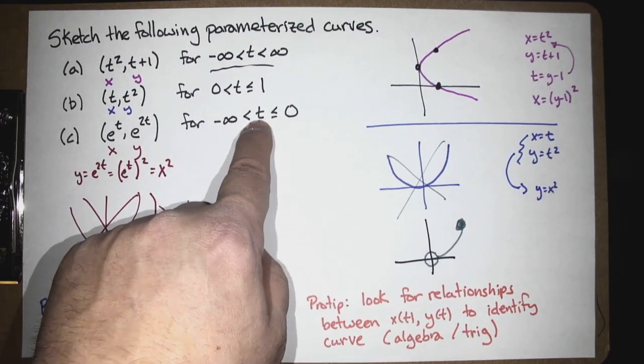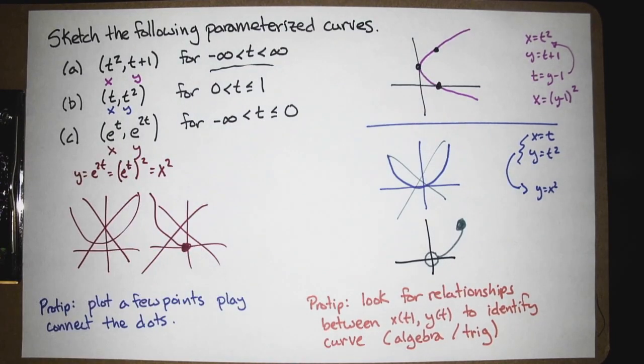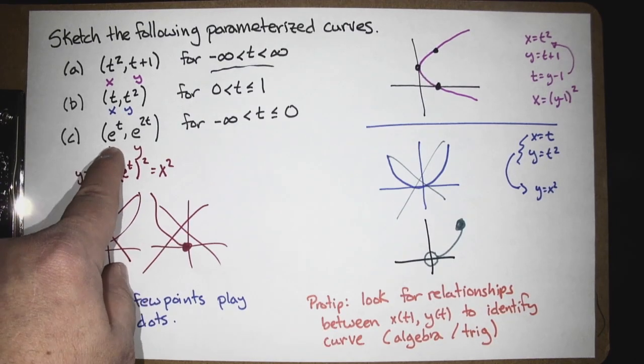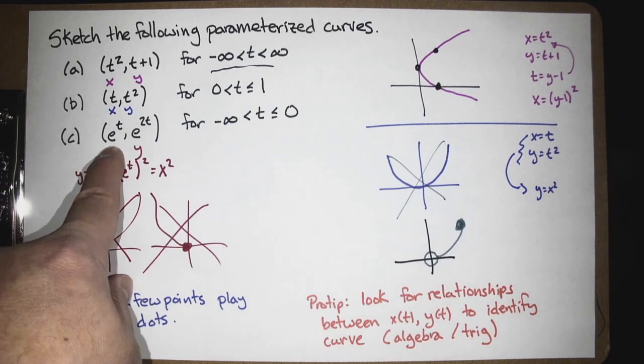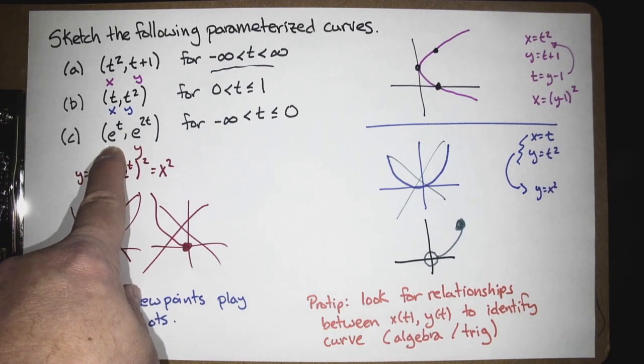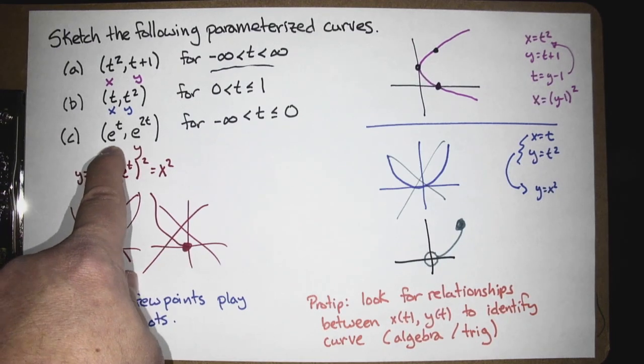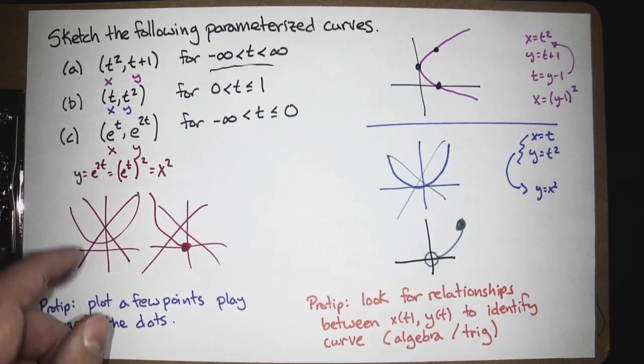If t goes from negative infinity to 0, what does the x coordinate do? Well, what's happening with e to the t when you plug in negative numbers? It's always positive, but it's doing what? Getting smaller, going to 0. The largest it'll be is at 0, which is 1.